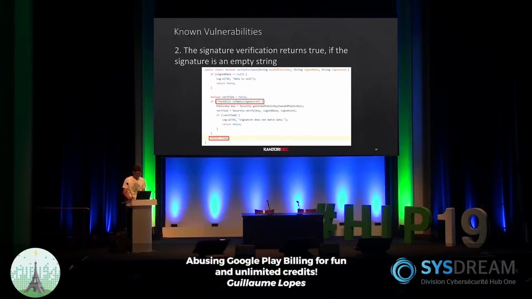In the other case, if the signature is empty, no verification is made, and by default, the function returns true. So to sum up, you can just create a malicious app at this time and set an intent filter with a high priority to impersonate the Google Play app, return an empty signature, and that's all. You can bypass the payment.